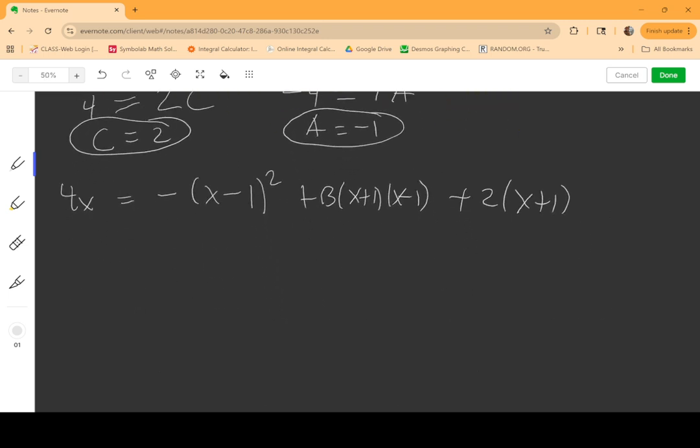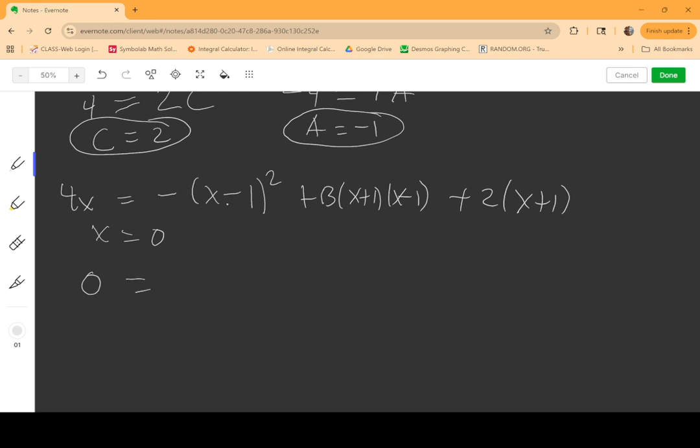All right. So I could take the approach where I distribute everything out and then gather things and set the coefficients equal to each other. But let's just let x be something else. Let x be 0. I can do that, I could just say let x be 0. So on the left, I get 0.